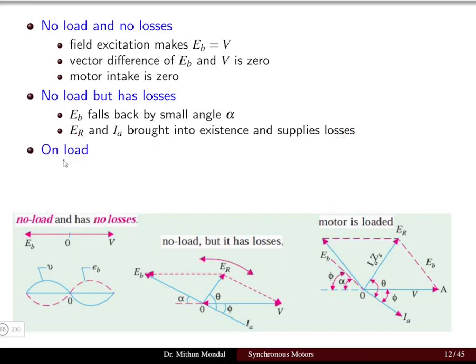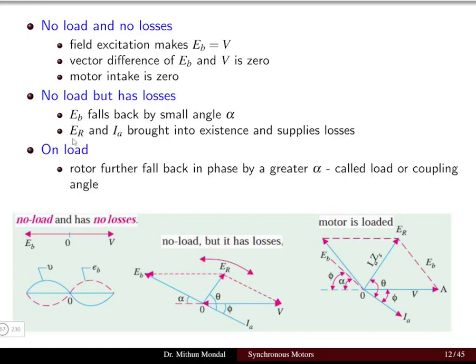Whereas in the load condition, when the motor is under load, the rotor falls back by a greater alpha. That is, as the load increases on the motor, the alpha or the delta, that is the torque angle, load angle, coupling angle, by different names we know it, will increase. So the motor will understand that yes, the motor has been loaded by the increase in the value of alpha.